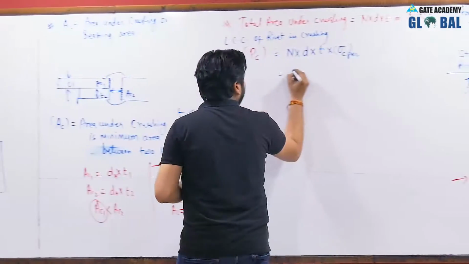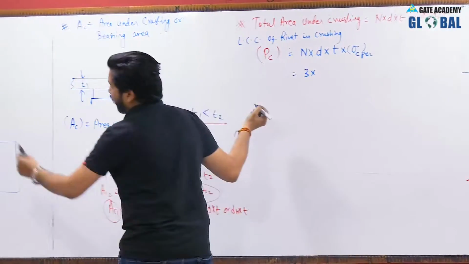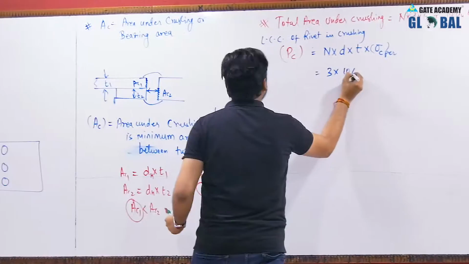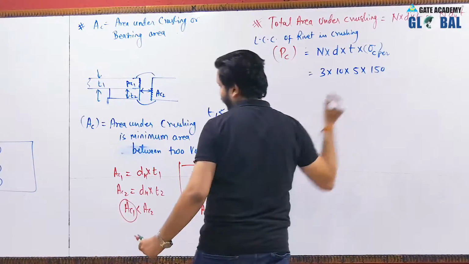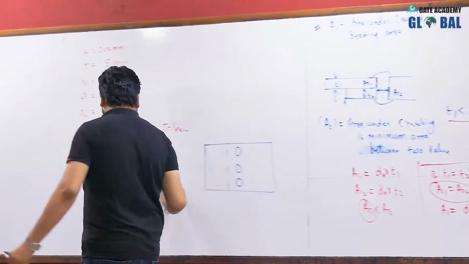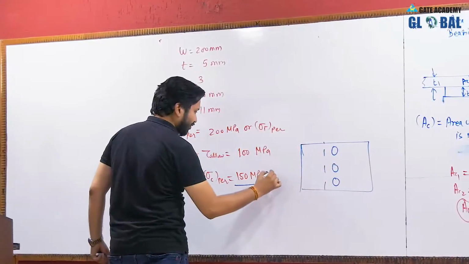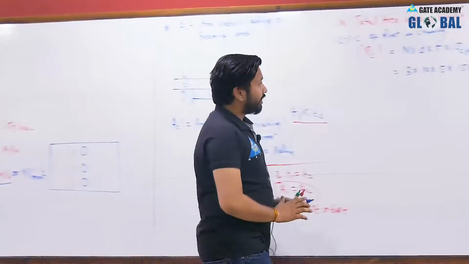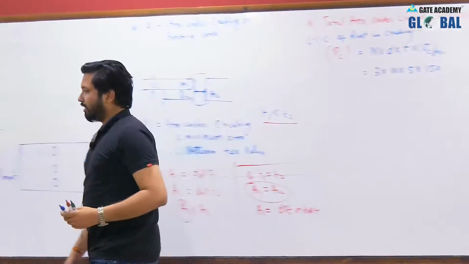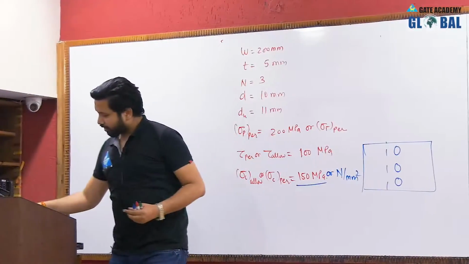So n is equal to 3, the diameter of rivet is 10 mm, the thickness of plate is 5 mm, and sigma c permissible is 150. Here 150 megapascal is the value of sigma c, or you can also write it as 150 Newton per mm square, okay. So I am putting the value as 150 Newton per mm square. So let us solve.